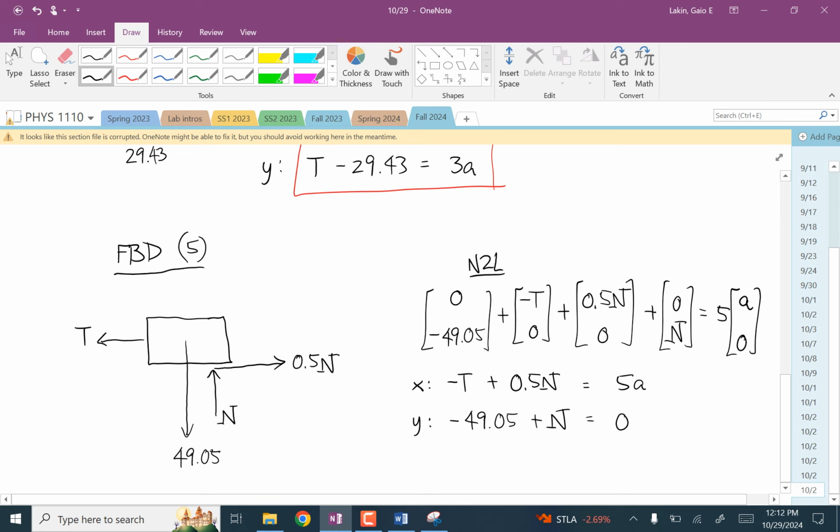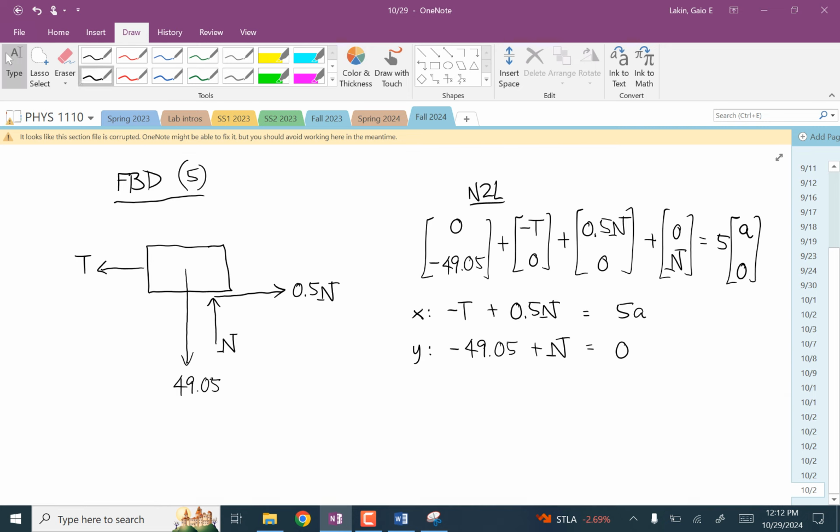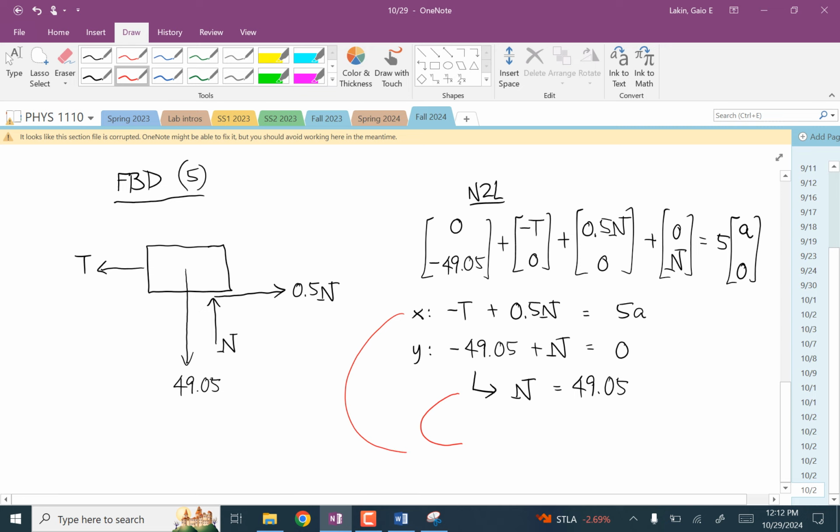In all these friction problems, you always use the y equation to calculate N and then plug it into the x equation. So this y equation says N is equal to 49.05. And now I'm going to plug that into the x equation.